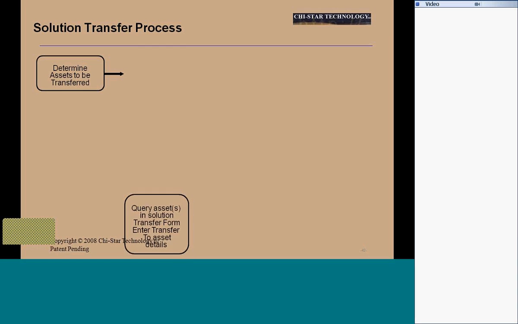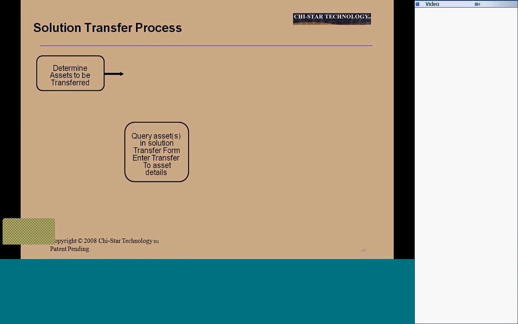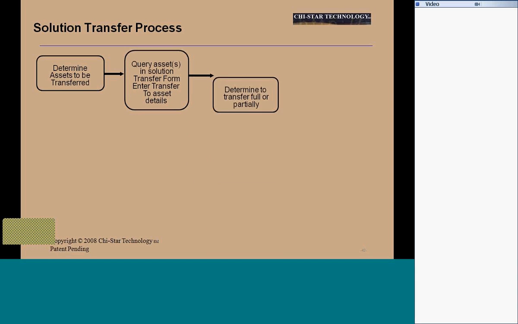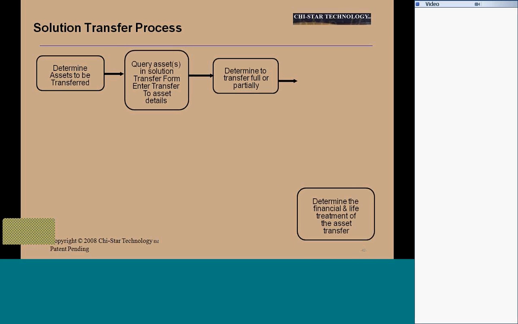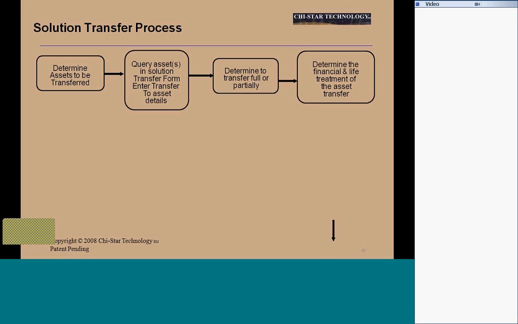If we look at just purely the automated solution, you're going to determine the assets to be transferred. You need to query up that asset or assets in a transfer form. You're going to determine if that asset is a full or partial transfer. You're going to determine the financial treatment of that asset and the life treatment.